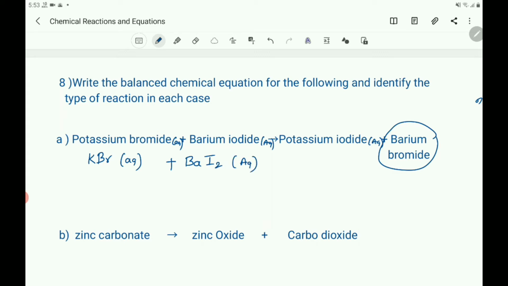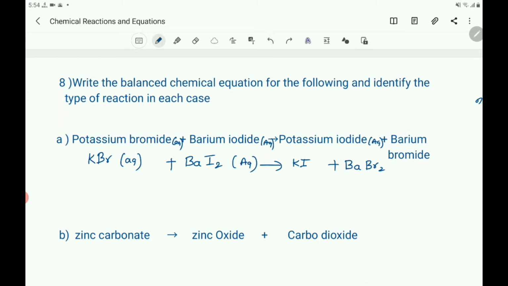These two are the reactants: KBr, potassium bromide, and BaI2, barium iodide. They react with each other to produce potassium iodide. The molecular formula of potassium iodide is KI, plus barium bromide, BaBr2. The molecular formula of barium bromide is BaBr2.